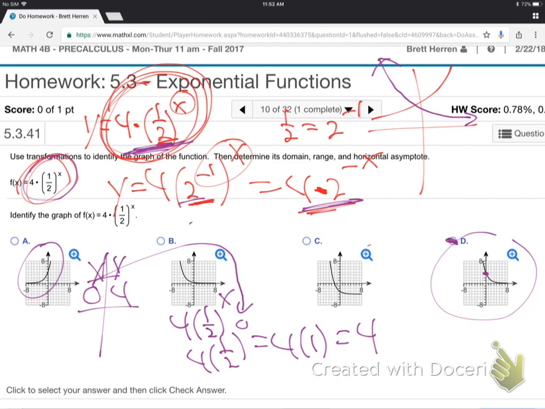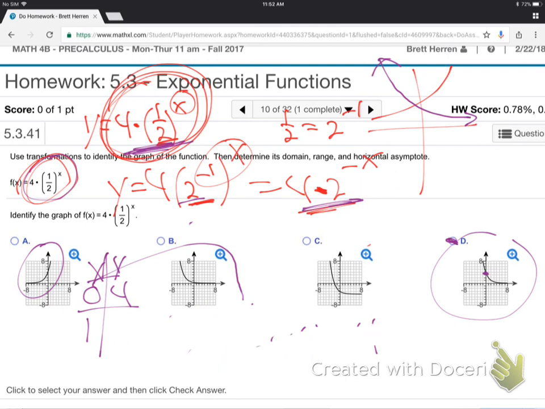Yeah, good. Again, you don't really have to know that fraction negative power thing. You could just plug in one more point. Suppose you were thinking, I don't remember all that fraction negative power stuff, I'm just going to do a couple points. That'll work for you. You'd have to do one more point, though, to know whether it was A or D, because they both have 0, 4, don't they? If you did one more point, you'd get y equals 4 times a half to the 1. I'm putting in 1 now.